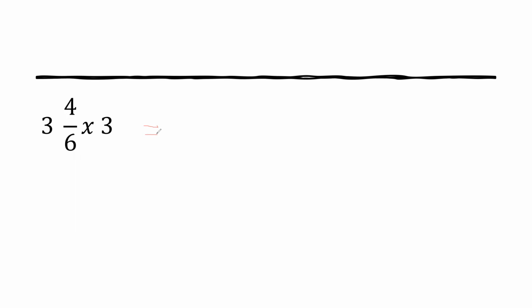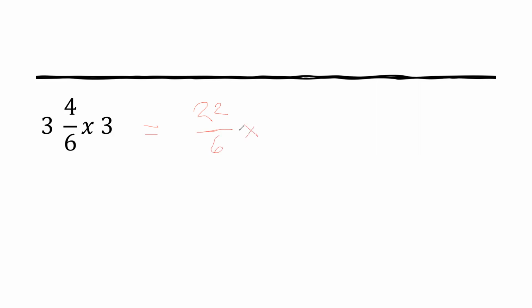Diba? It's multiply then add. So what will be its improper fraction? 22/6 po. That's correct. 22/6 kasi 6 times 3 is 18 plus 4, 22/6. That's correct.